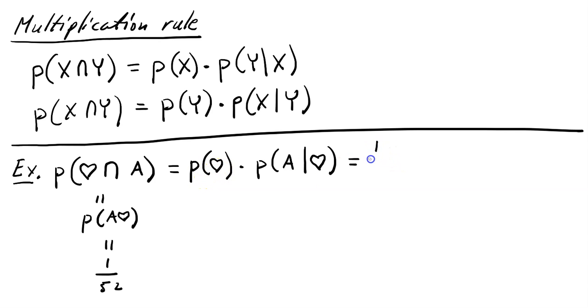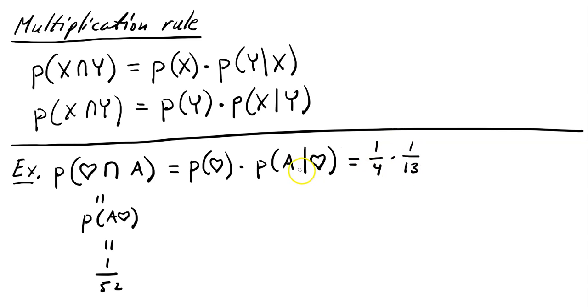That's 1 in 4, because there are 4 suits, and each suit is equally likely. And what's the probability of getting an ace if you know the card is a heart? Yeah, that's 1 in 13, because in every suit there are 13 cards.